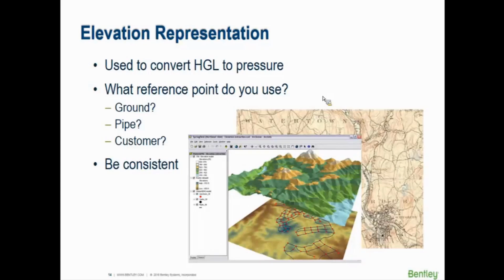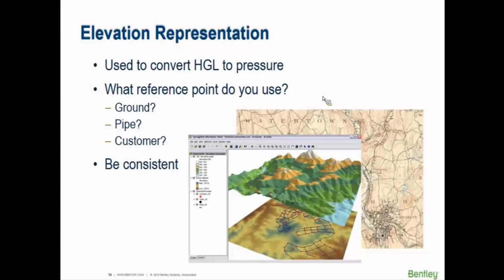What's easier, to get the elevation of the ground or the elevation of the pipes for 1,000 pipes? Which one of those would be easier? Okay, ground. Ground wins. Right? It's easy to get ground. To get pipe elevation centerline, you'd have to go to construction drawings, and even those might not be right. You might have to go to as-built, and it's going to get more and more difficult and time-consuming. So ground elevation wins for a couple reasons.